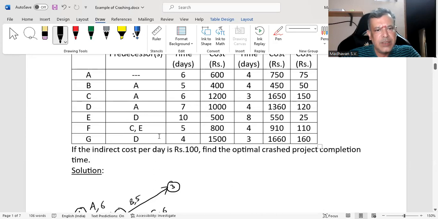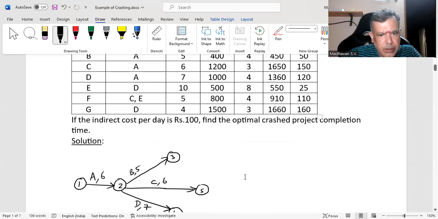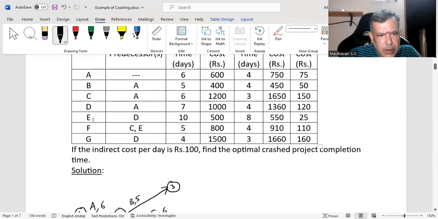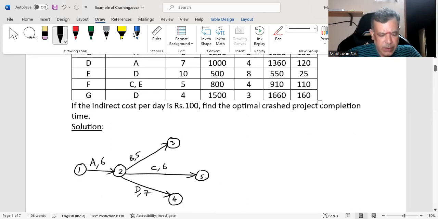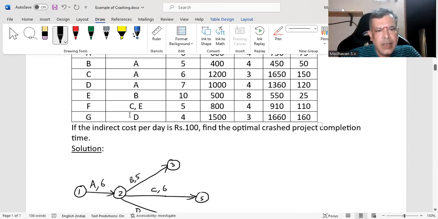Yes, it is getting merged with C. Sorry, here it should not be D, it is B. Sorry. So E can start after completion of B.